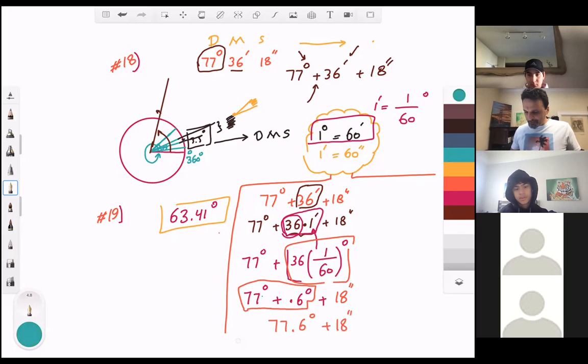Now we have problem with 18 second. How do I make this one to degree? I will write this as 18 multiplied by 1 second.